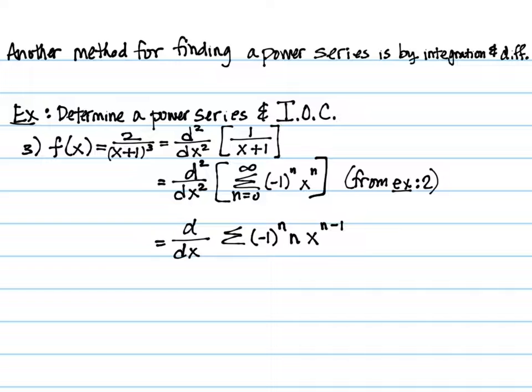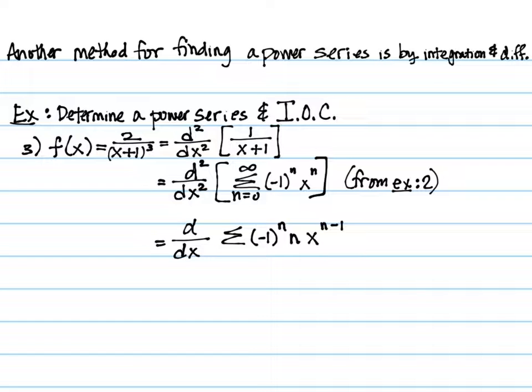Now I'd like for you to think about what happens when you take a derivative of, we'll just use a line as an example, y equals mx plus b. What happens to the plus b? It goes to 0, right? And when we plug in n equal to 0 in this expression, this summation, we get the constant term.